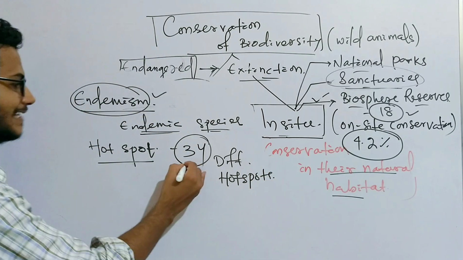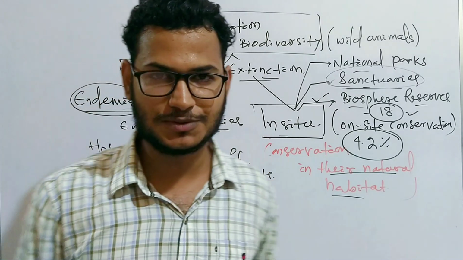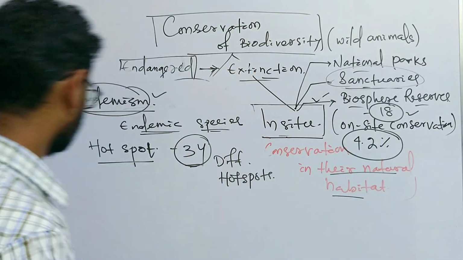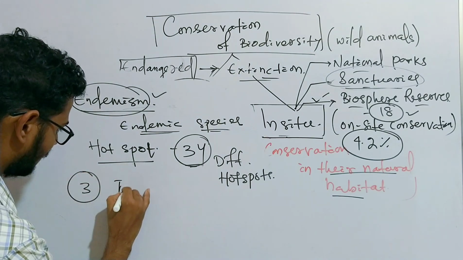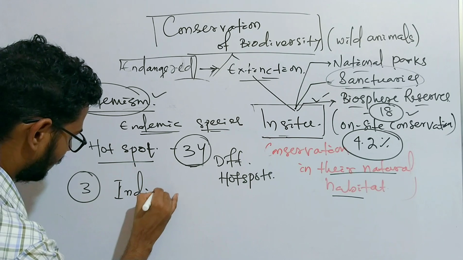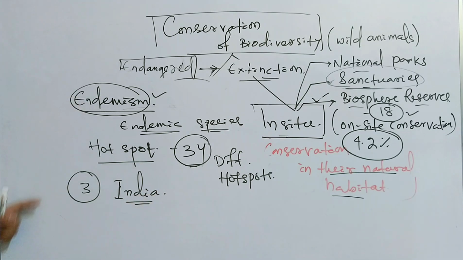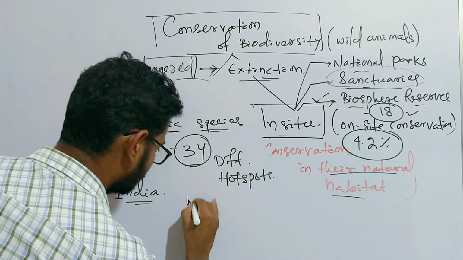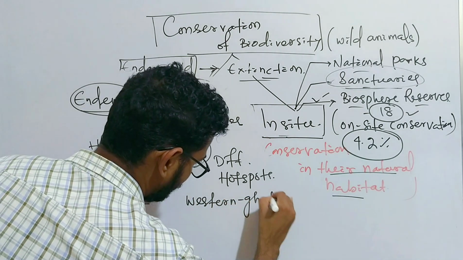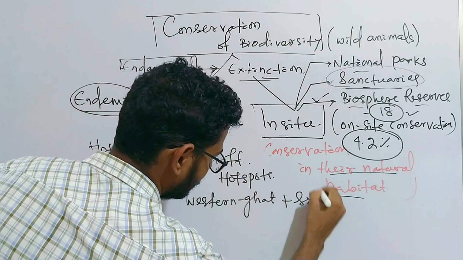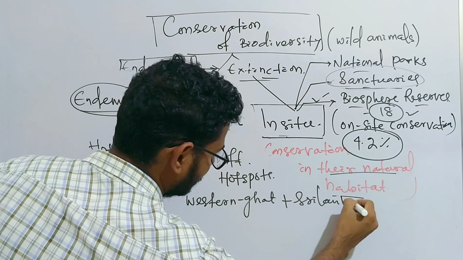Okay, so out of the 34 different hotspots, 3 are present in the geographical area of India. So what are the 3 different hotspots? One is the Western Ghat plus Sri Lanka, along with Sri Lanka.